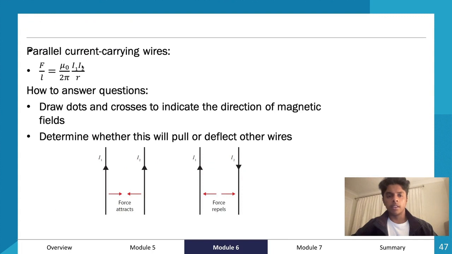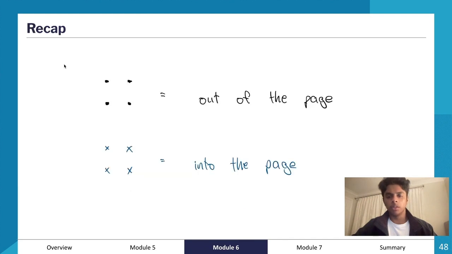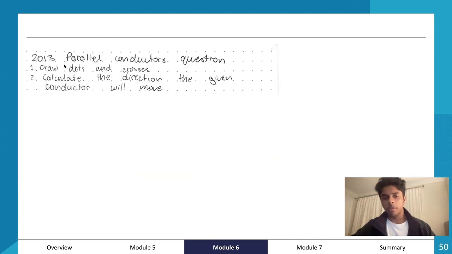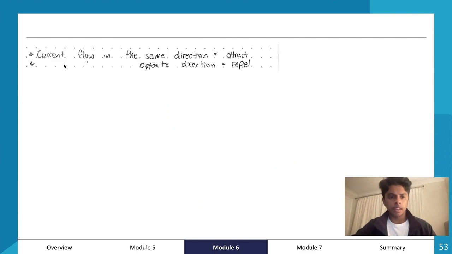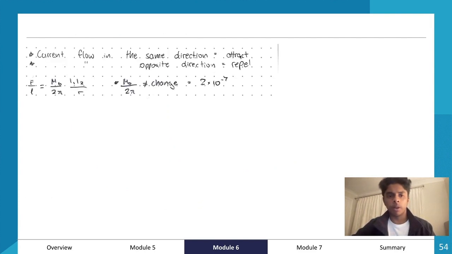This constant, mu naught, is given to you on your data sheet. So knowing everything, we can now plug everything in. Current flow in the same direction equals attract, in the opposite direction equals repel. So F over L is equal to mu naught over 2 pi times I1 I2 over r.